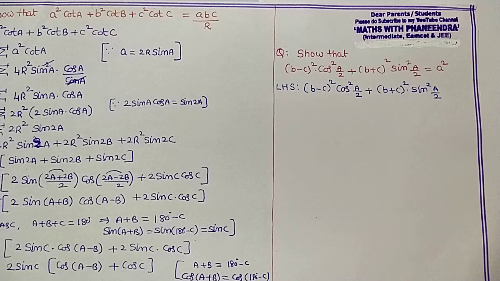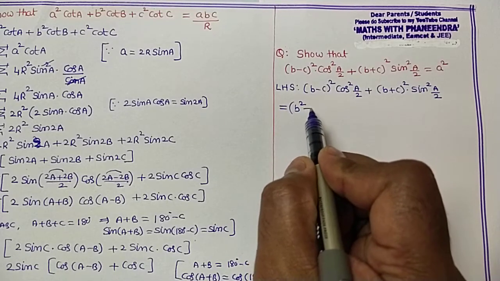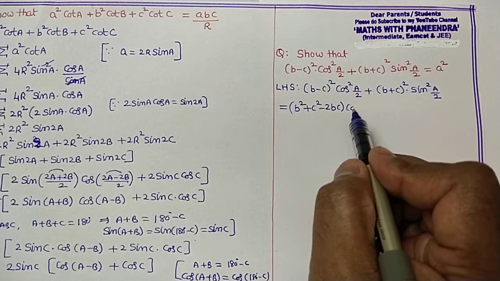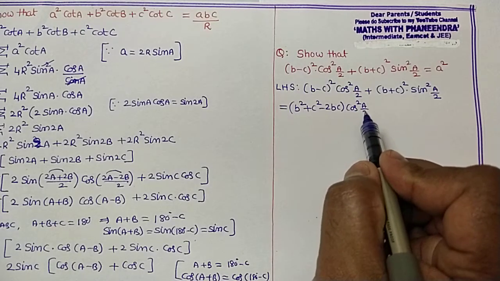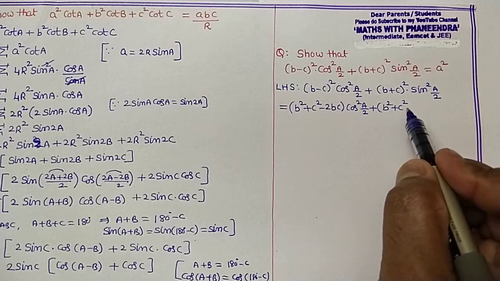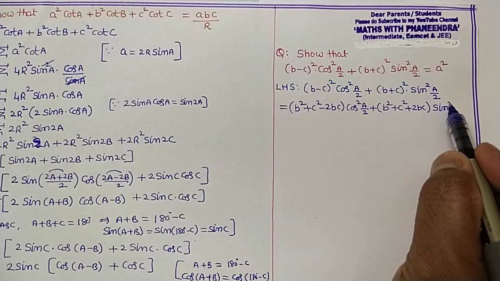Now expanding (b minus c) whole square and (b plus c) whole square, (b square plus c square minus 2bc) into cos square A by 2 plus (b square plus c square plus 2bc) into sin square A by 2.